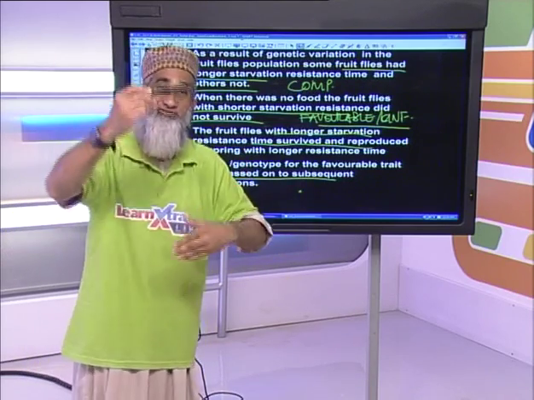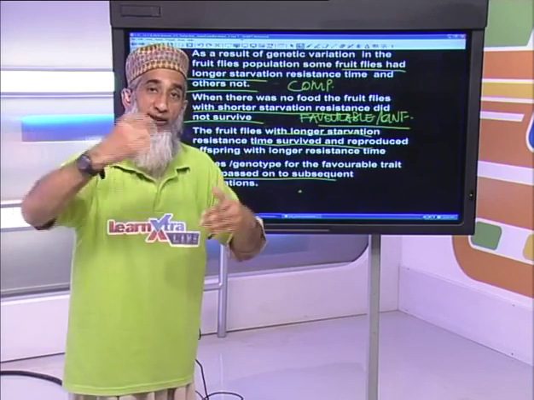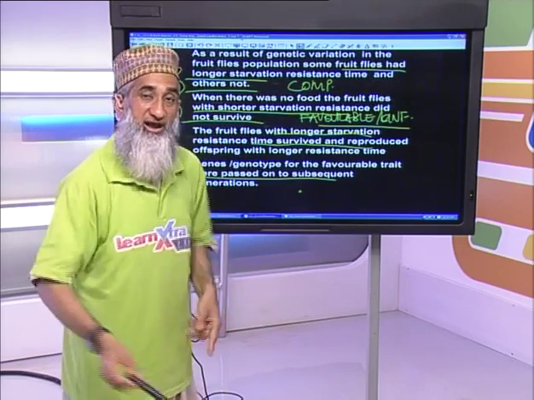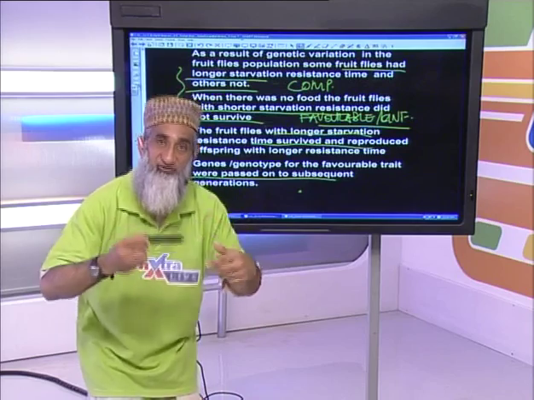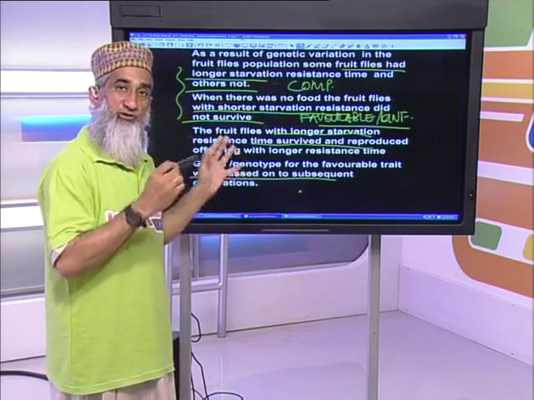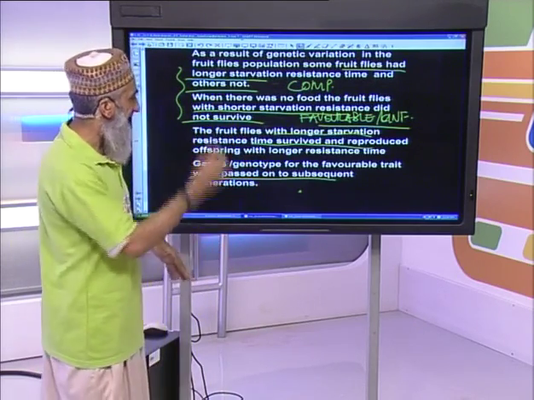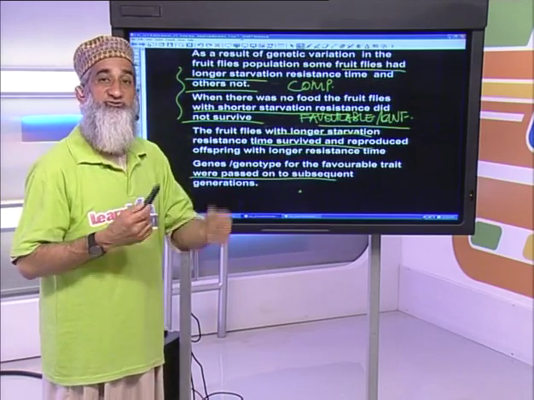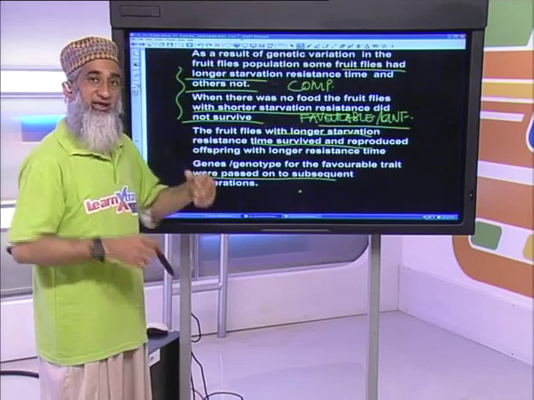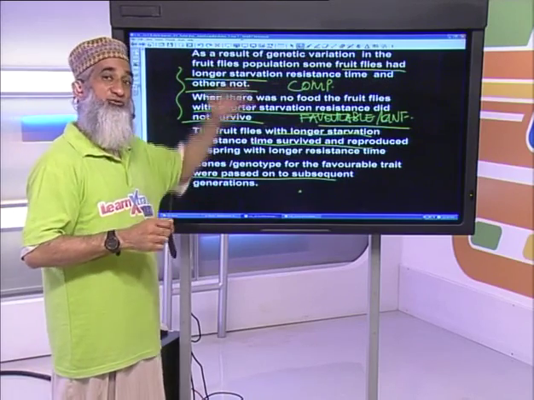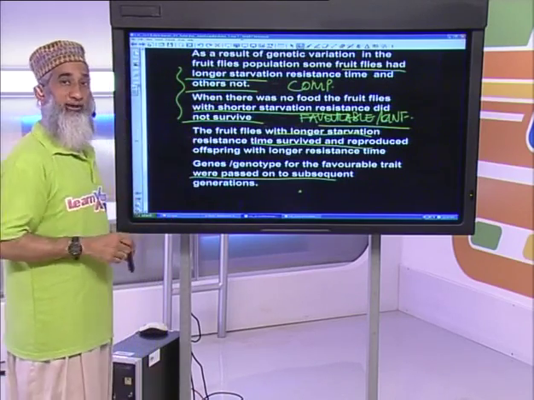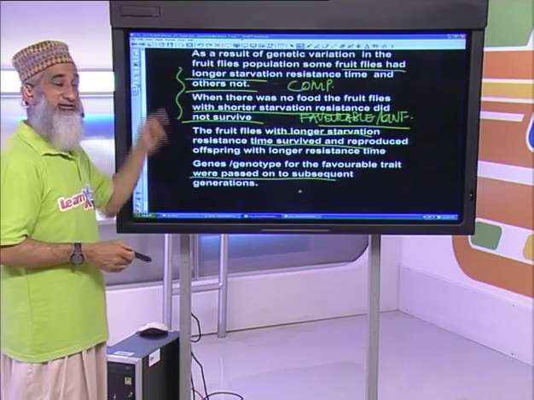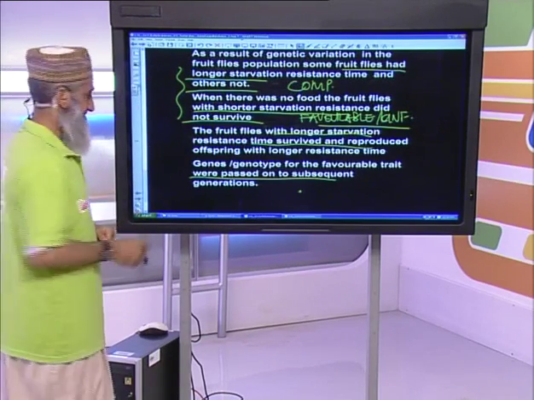And therefore, over several generations, there would be more and more that can survive for longer, and less and less of those that couldn't survive without food for long. Over time, we will have more of these, and this is natural selection. Notice again, I keep going back to the fact that you've got to go back to what you're saying initially in terms of those 5 or 6 bullets.